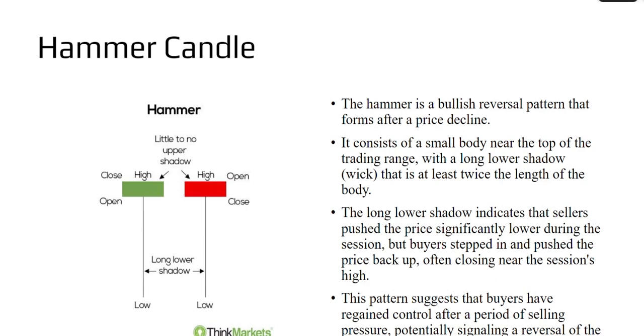It typically forms after a price decline. It consists of a small body near the top, a very tight trading range, but it usually has a really long lower shadow wick. It's at least twice the length of the body.